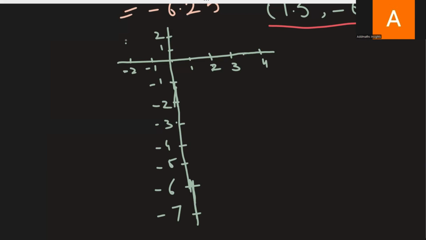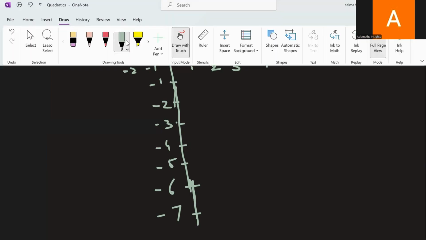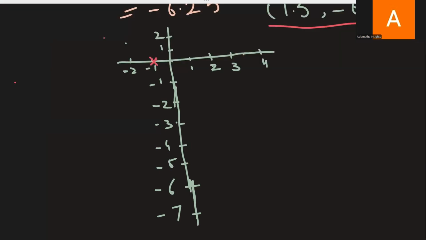Now first you will mark the points minus 1, 0, and 4, 0. And then we have 1.5 and minus 6.25. It will be approximately here. So we draw a cross.